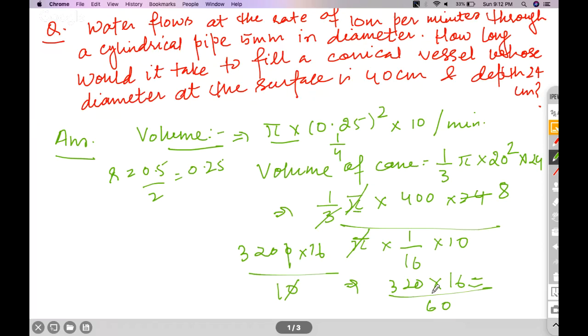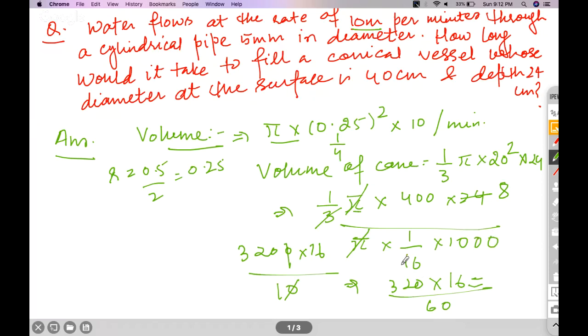Let us convert it into whichever way you want. So how much will it be? Okay, one mistake which I have made here is this is in meters, so this I haven't converted.